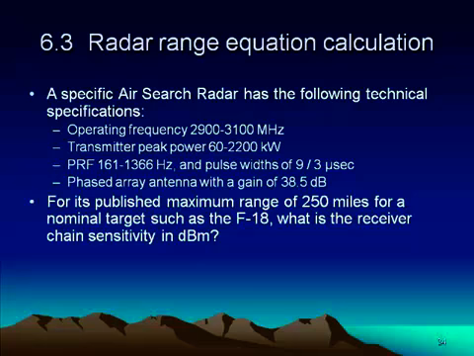It is published that a maximum range of 250 miles for a nominal target can be obtained. If this is the case, you can calculate the receiver sensitivity, and as I mentioned initially, it should be given in terms of dBm, dB over milliwatts.